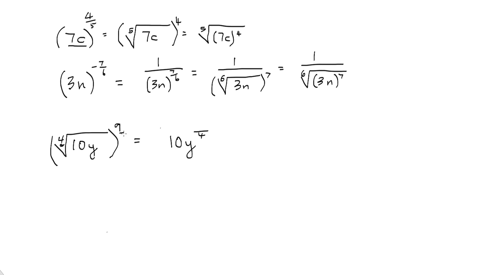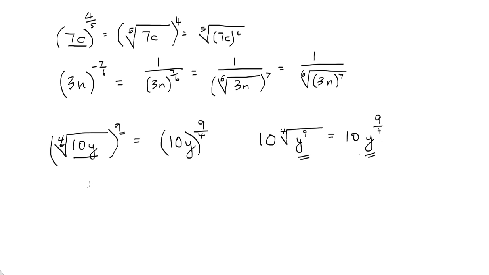And my numerator is my power, that's 9. And because the entire 10y is in the parentheses, I'm going to put it in parentheses under the radical. If I had written this instead, I could even put the power inside. That would be 10 y to the 9/4, and we wouldn't put it in parentheses because the only thing being raised to that power, the only thing under the radical is the y.